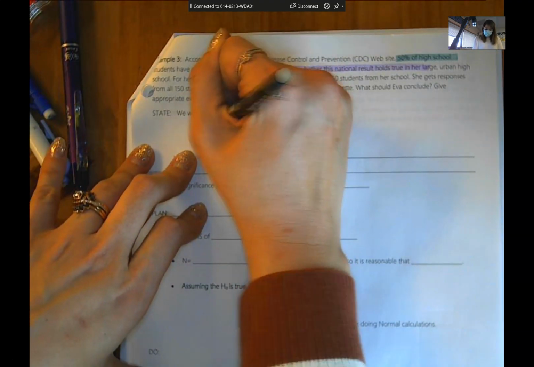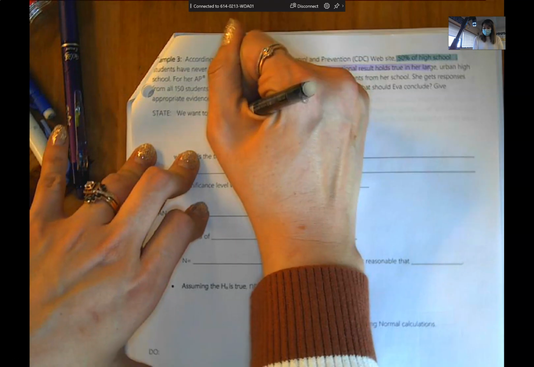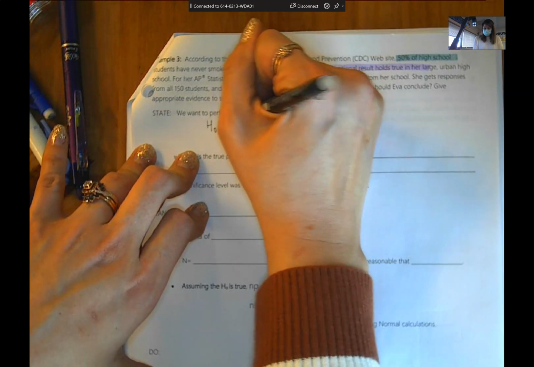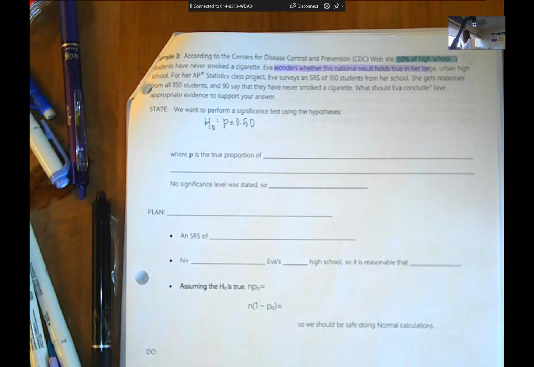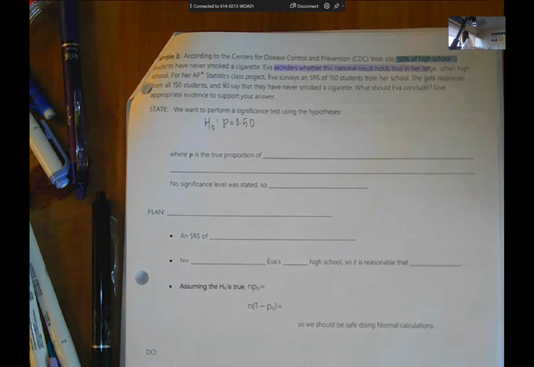The null is that the proportion matches the CDC, 50%. Ava wonders if this holds true for her school. So Ava is not specifically saying she thinks it's less than. She's not specifically saying she thinks it's more than.